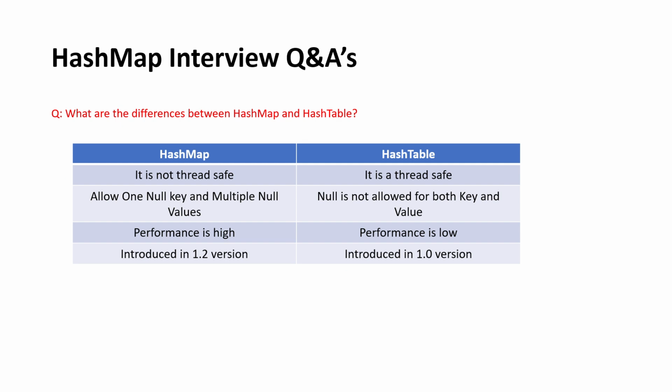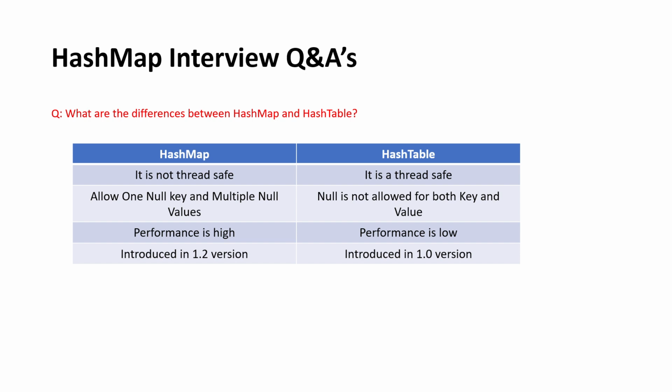HashMap allows one null key and multiple null values. In Hashtable, null is not allowed for both key and value. Because it is not thread safe, the performance of HashMap is high, but Hashtable is very low. Comparing the Java versions, Hashtable, as I already told, is a legacy one, introduced in version 1.0. But HashMap is the later version, they introduced it in 1.2.